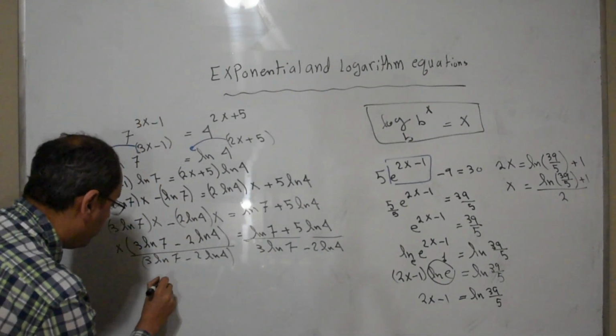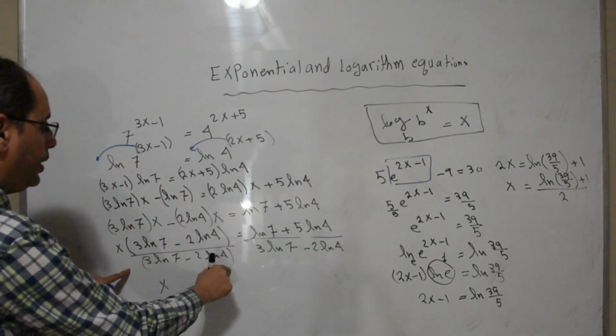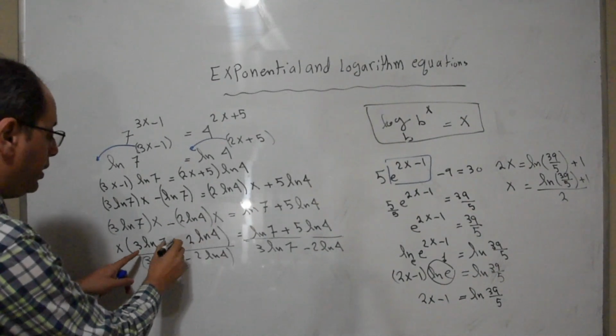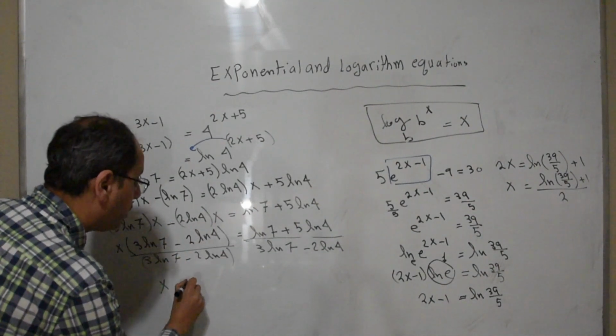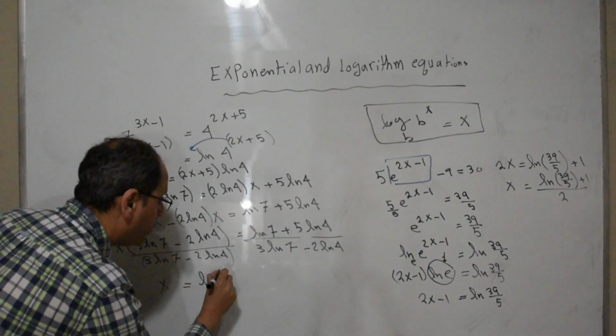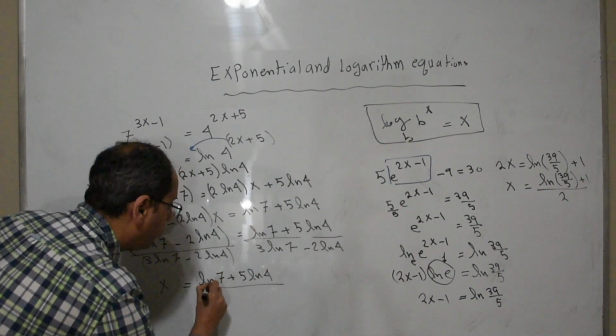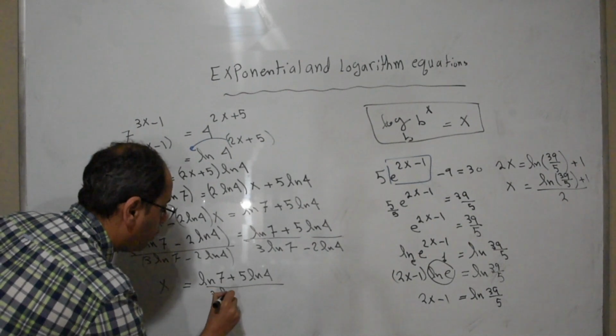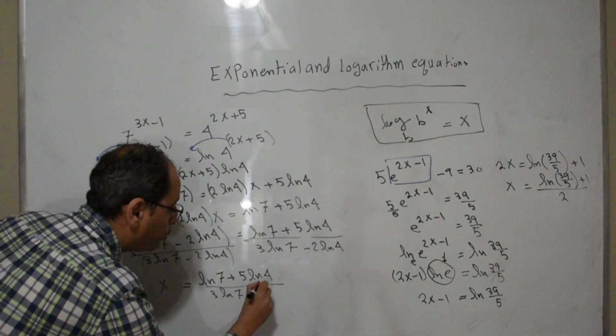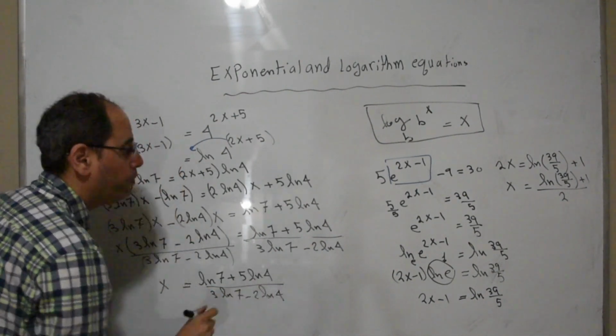Now I have x, because I'm dividing by the same thing, so that would be cancelled out. This is 1. So I have x is the natural log of 7 plus 5 natural log of 4, divided by 3 natural log of 7 minus 2 natural log of 4.